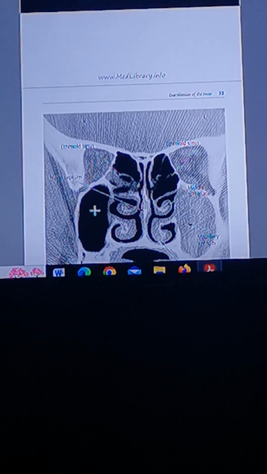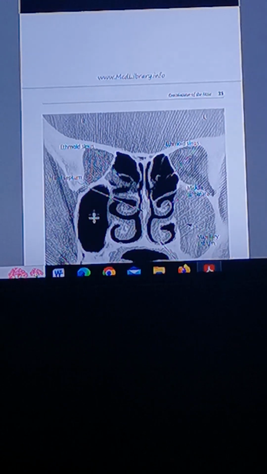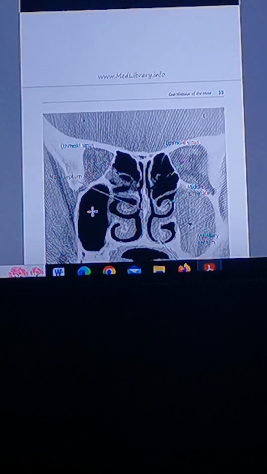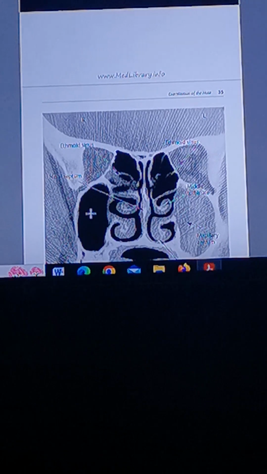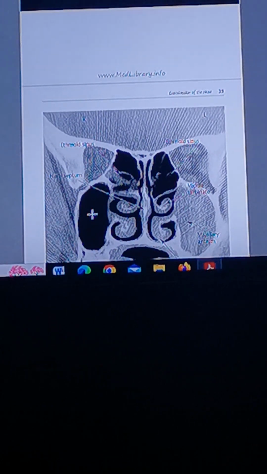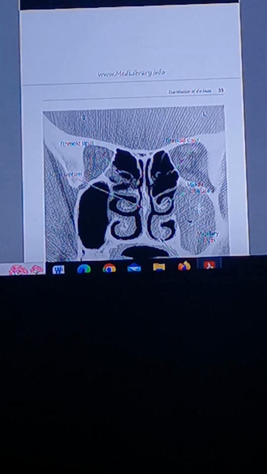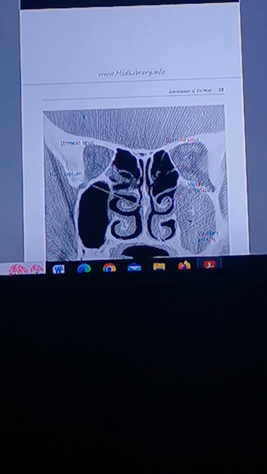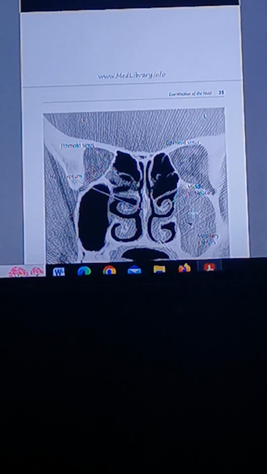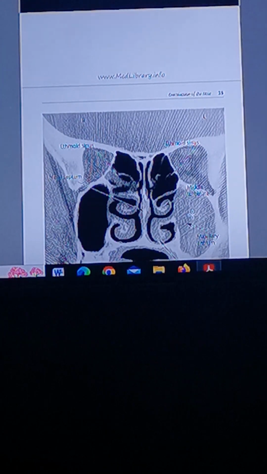Normally, the paranasal sinus contains air, so the color is black, it's normal. So this is a healthy right maxillary air sinus. If you compare it to the left one, there is a difference in the color, right? So this is the abnormality here.